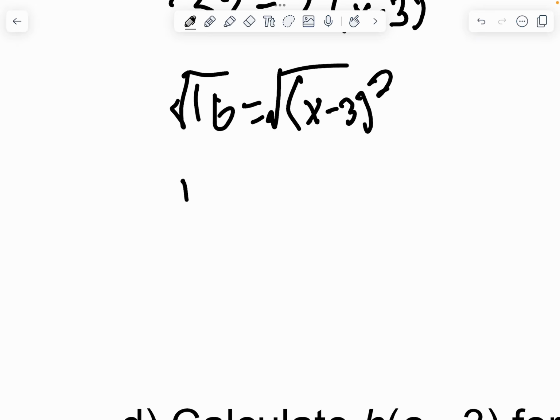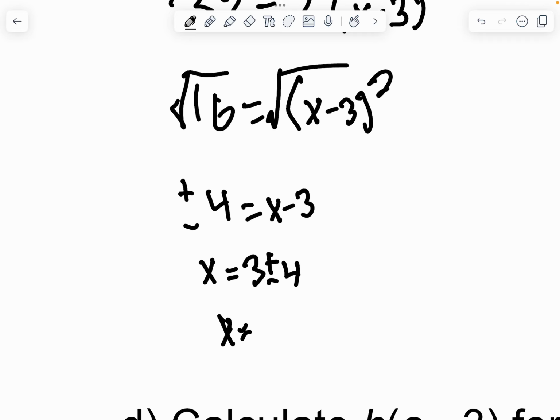So you got plus minus 4 equals x minus 3. Now you add 3, x equals 3 plus minus 4. X equals 7. X equals -1.